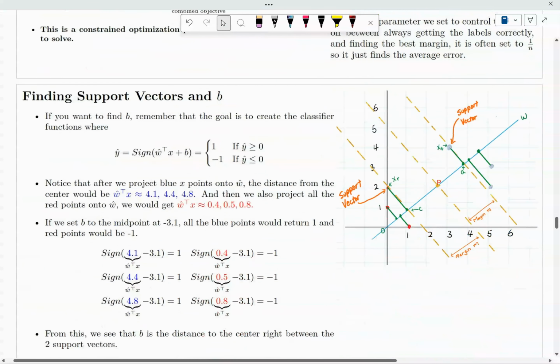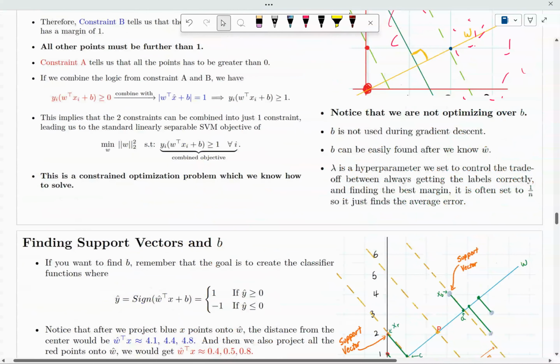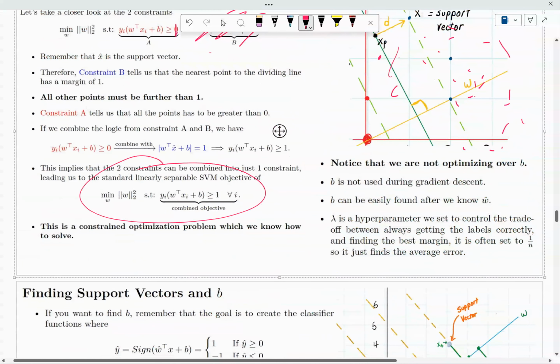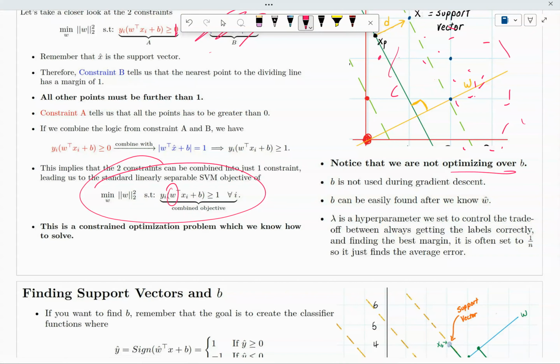So this is the objective, and notice we're not optimizing B when we solve for W. It turns out that B gets canceled out. So we can do B completely separately. B is not used during gradient descent, and we can easily find B later.